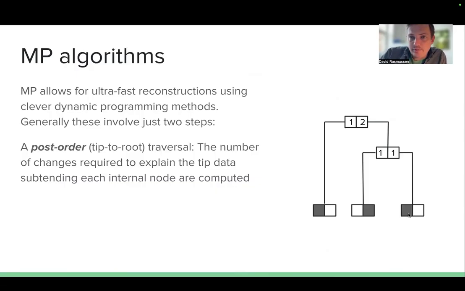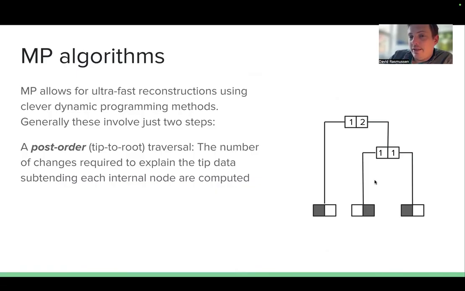In this first step of the algorithm, what we call the post order step, we calculate the number of changes that would be required to explain all of the tip states below. In this case, we can see that regardless of whether this internal node is in state 1 or state 2, we would require one change to explain the observed tips, because the children are in different states.